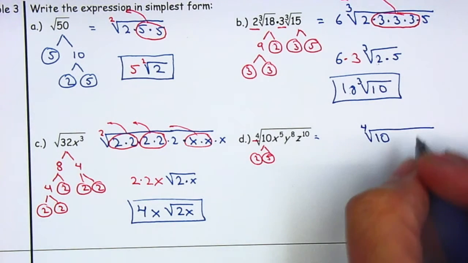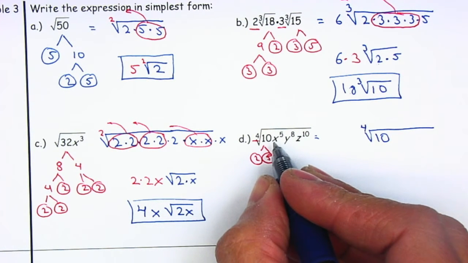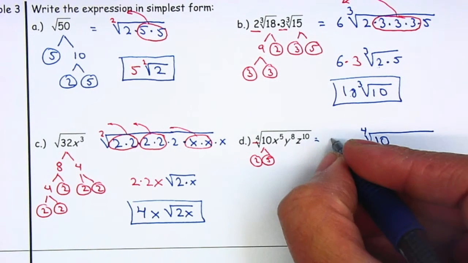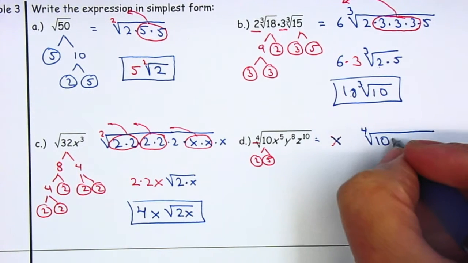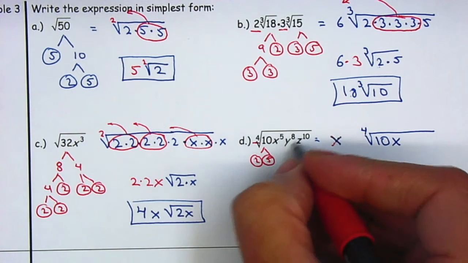Remember, we're taking out groups of 4. How many x's are inside? There are 5 of them. How many groups of 4 can we take out? One group of 4. How many x's are left inside? 1.